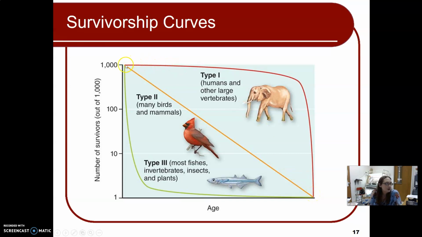Humans, other large vertebrates, when typically babies survive. This is, post-industrial world. We've got good health care, whatnot. Most babies survive. And we tend to survive.